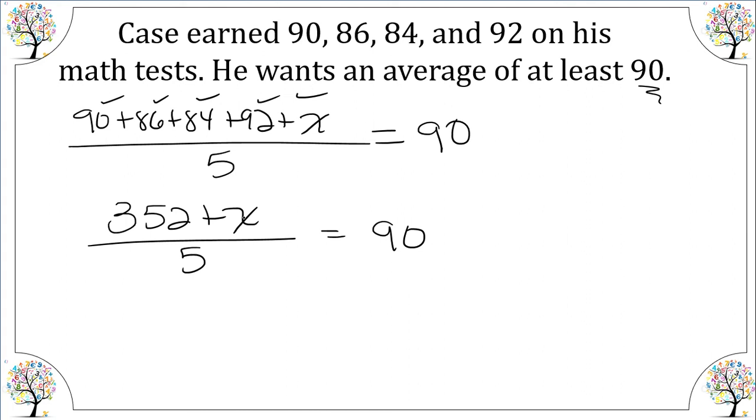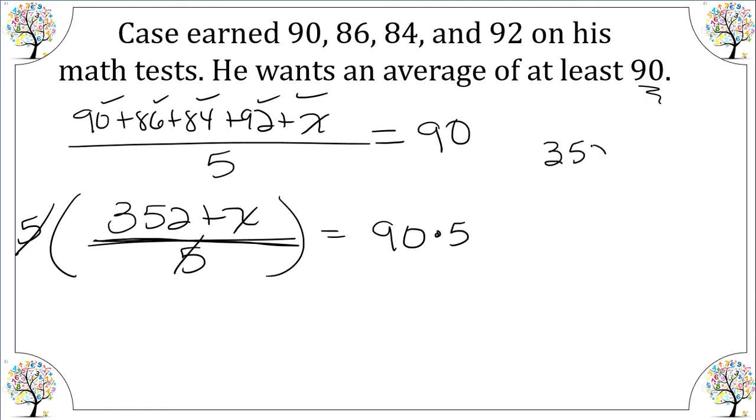So we're solving for x, the grade that we want to make, so that we will have a 90 average in the class. So we have to undo the division first. So we multiply both sides. That gets rid of the divide by 5. And we have 352 plus x is equal to 450. Now we just have to subtract out the 352 to isolate the x.